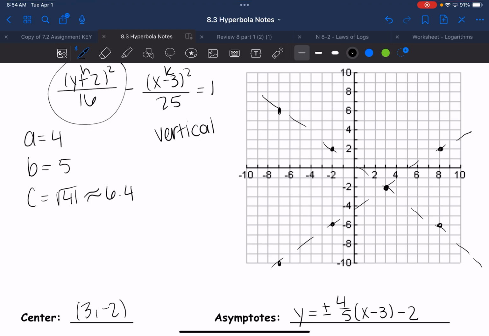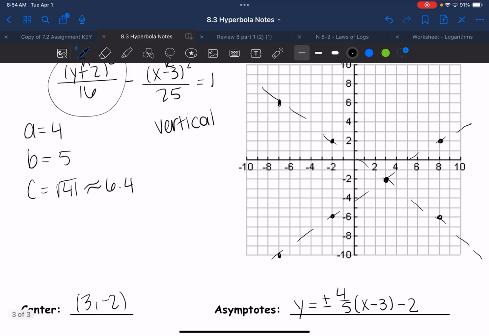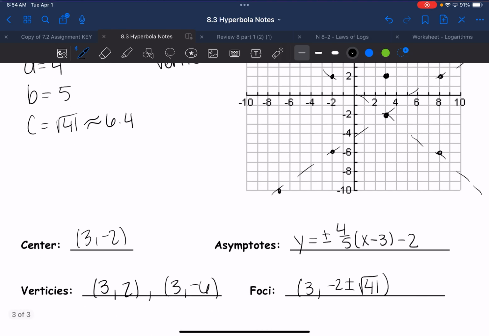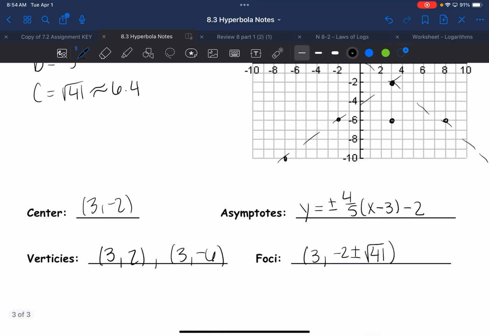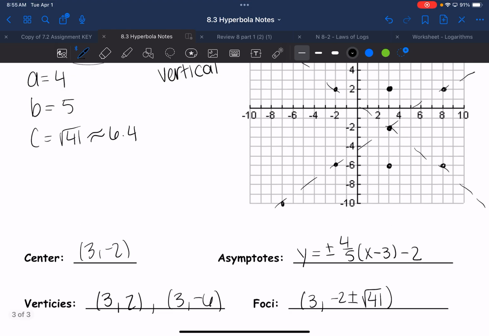All right. So asymptotes are something like this. And then we've got vertices at +3, +2, and at +3, -6. And then you have foci at 3 and then -2 plus or minus around 6-ish, right?